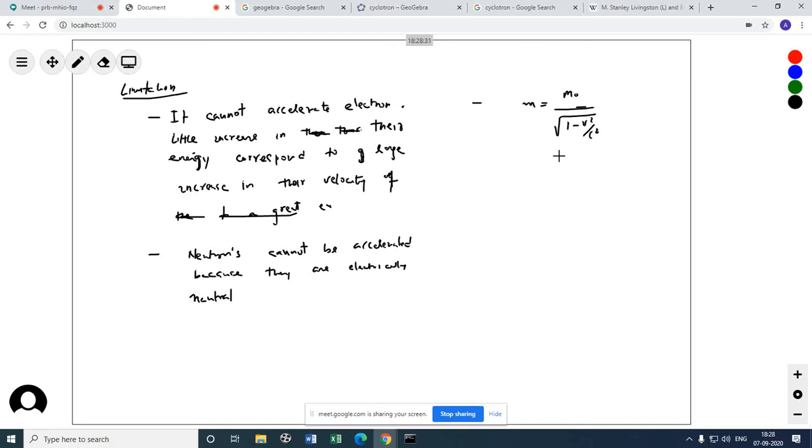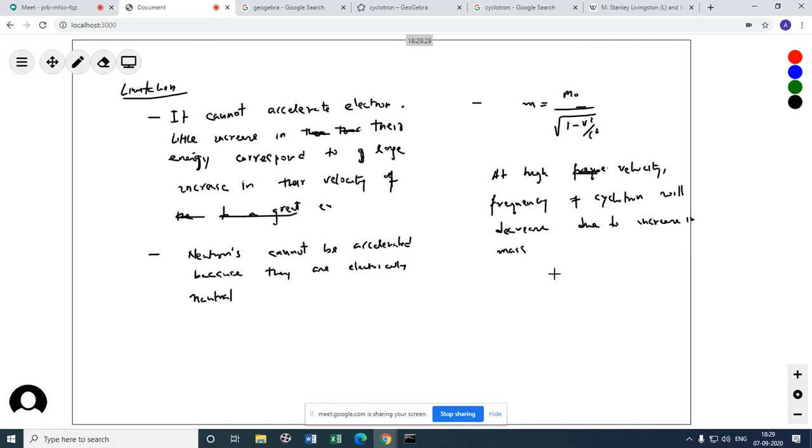So at high velocity, the frequency of the cyclotron will decrease due to the increase in mass.